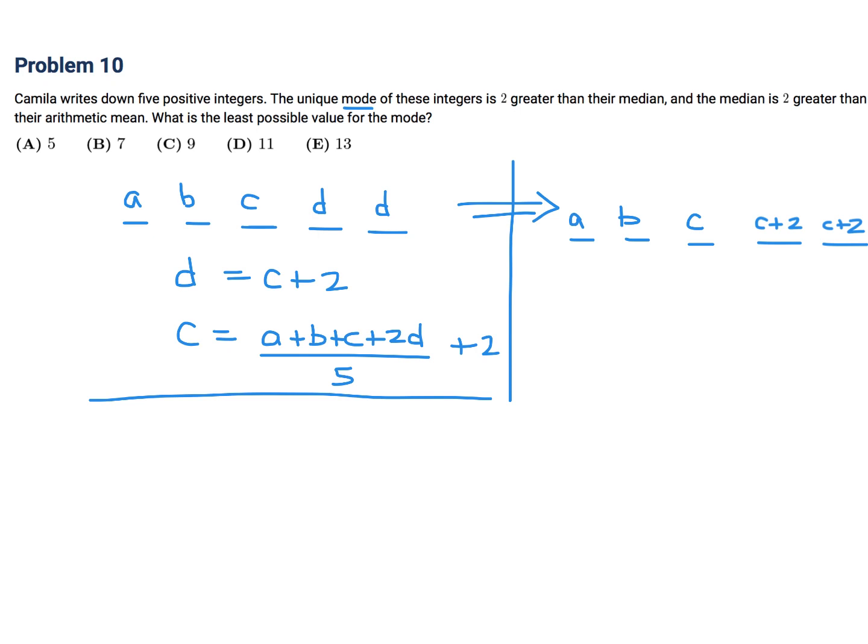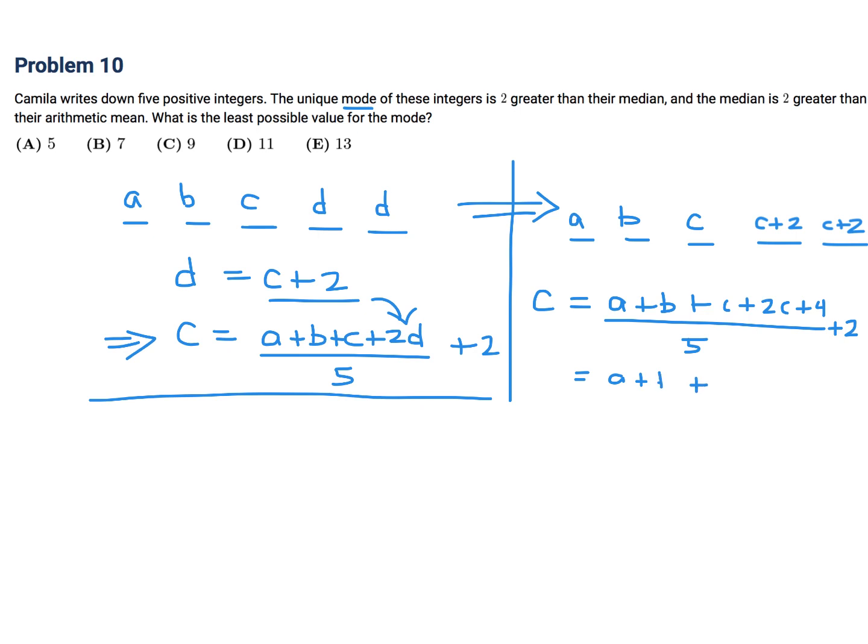And then this calculation would become A plus B plus C plus 2C plus 4 all over 5, since D is C plus 2. And then don't forget that plus 2. So that's going to be A plus B plus 3C, sorry, I don't know where I got the 5 from, 3C, and then plus 4 all over 5, plus 2.